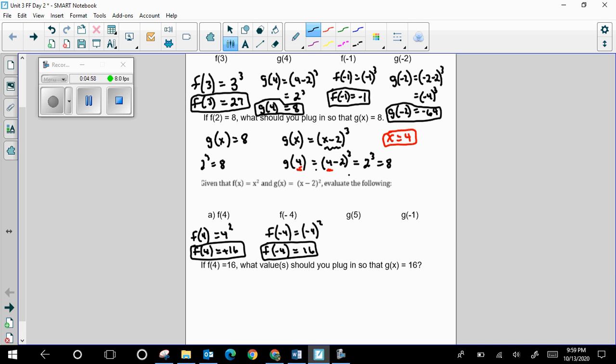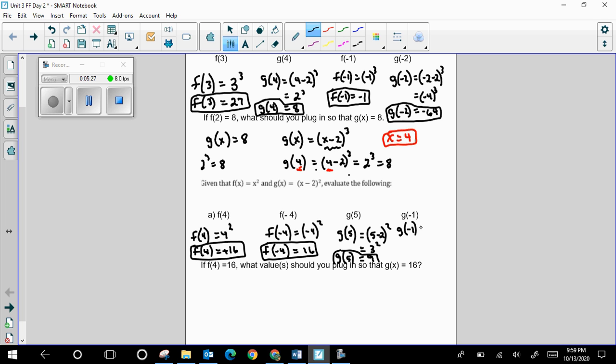So now let's look at g. So g of 5 is equal to 5 minus 2 squared, which is equal to 3 squared. So g of 5 is equal to 9. Okay, now g of negative 1.